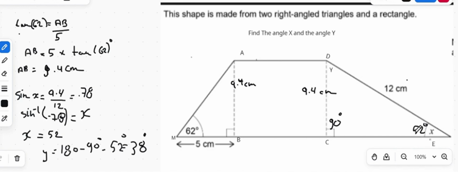Using our calculators, we calculated the angle X to be 52, and at the end we used the triangle rule having a sum of 180 degrees. We found the angle Y, which was 38.